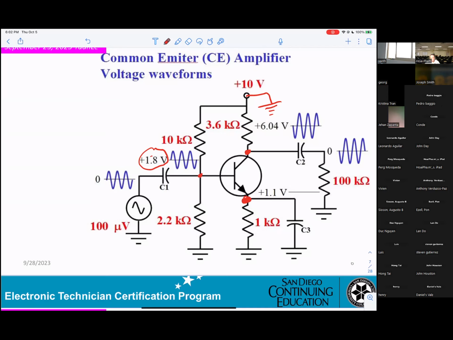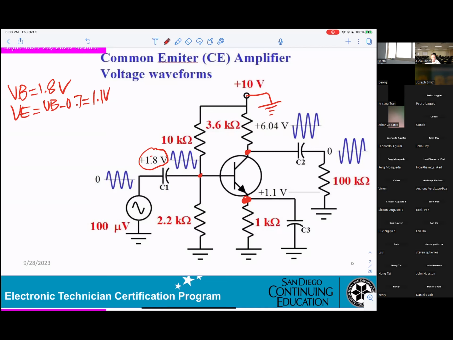You have 1.8 volt VB, minus 0.7. VE equals VB minus 0.7, which is 1.1.